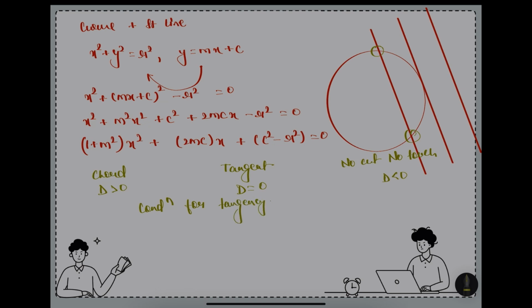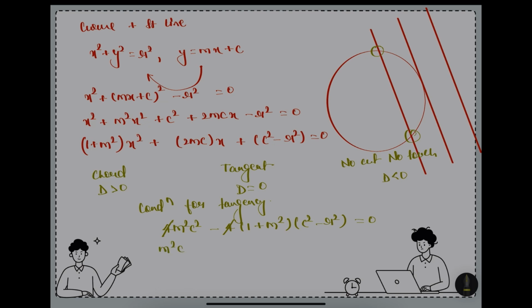Now you know that D should be 0, so b square minus 4ac should be equal to 0. Now can I divide both sides by 4? Done. Now let's simplify.